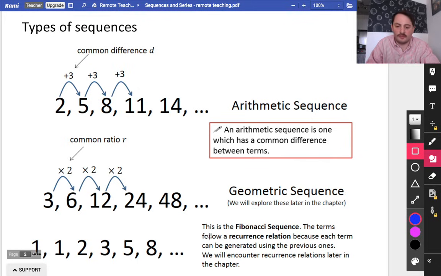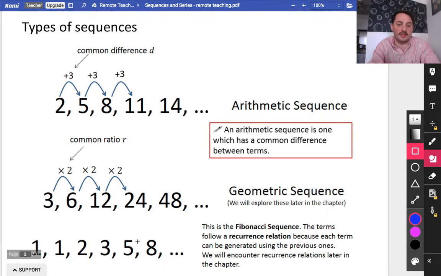And I've said this is the Fibonacci sequence. They follow a recurrence relation, and that's because each term can be generated using the previous ones. This is what we call a recurrence relationship, and we encounter these even later in the chapter after we've done arithmetic and geometric sequences. So that's just a very broad overview of what these kind of sequences look like.